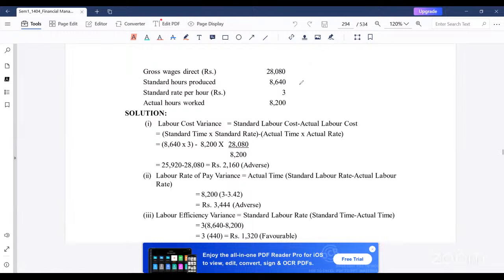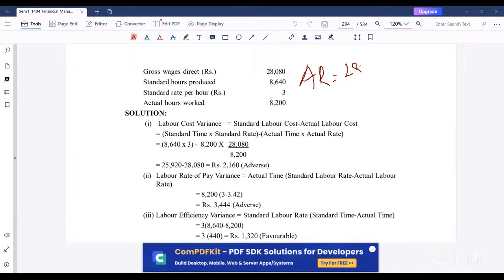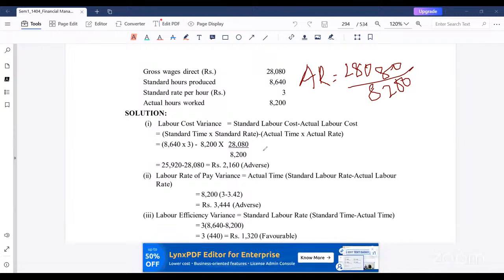So actual rate is equal to gross wages, the total wages they are receiving, 28,080, divided by the actual hours they are working, 8,200. You'll get the actual rate.